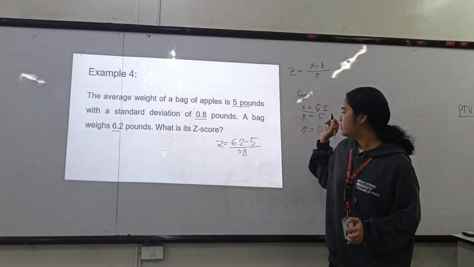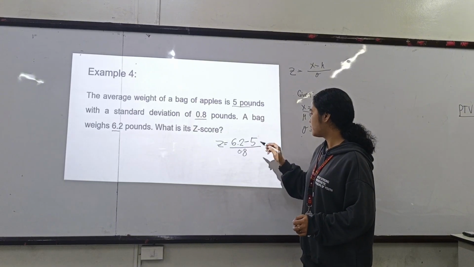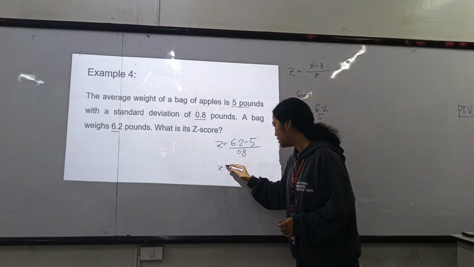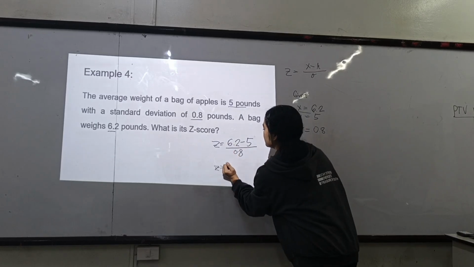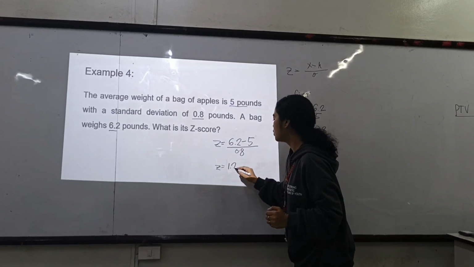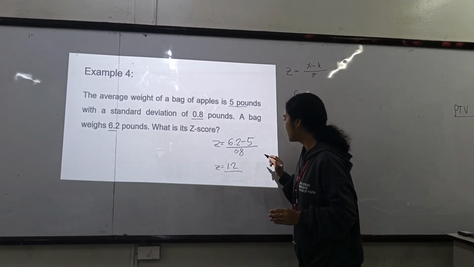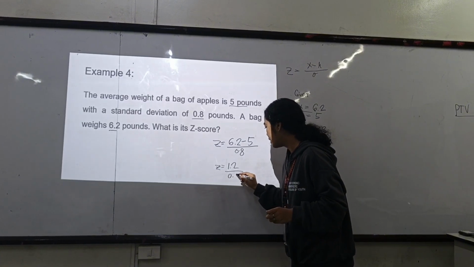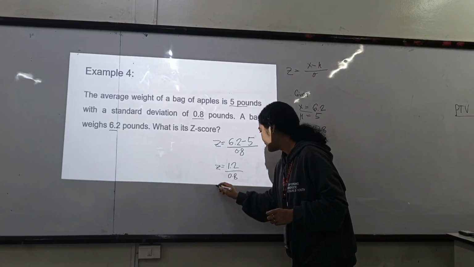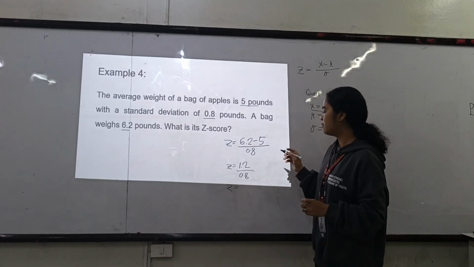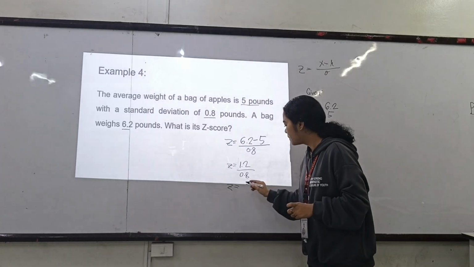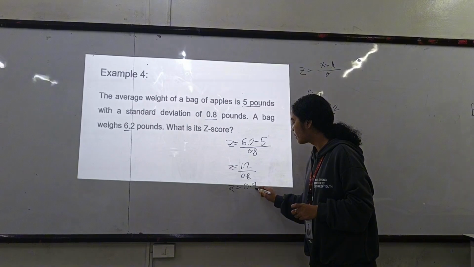We need to subtract 6.2 minus 5, which is equal to 1.2, divided by the standard deviation 0.8.